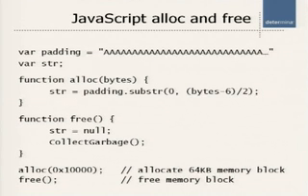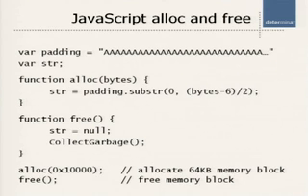So here's a little example of how we're actually going to allocate and free blocks on the heap. We have 2 functions there, alloc, which takes the size of the block in bytes that we want to allocate, and then we have a free function. Now, the alloc function will take the size in bytes. It will calculate how many characters we need in our string, which is bytes minus 6 divided by 2.